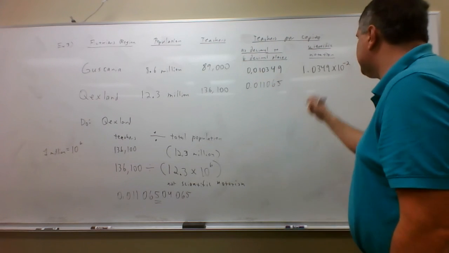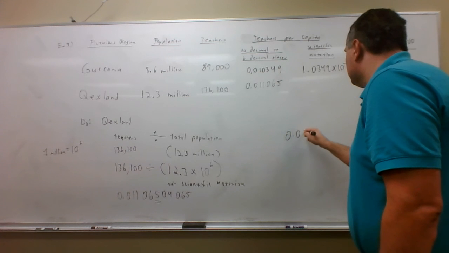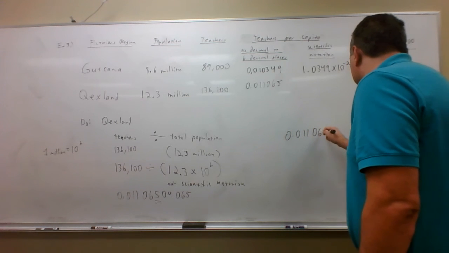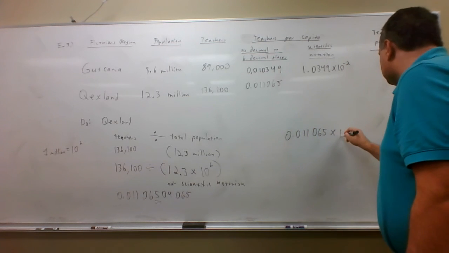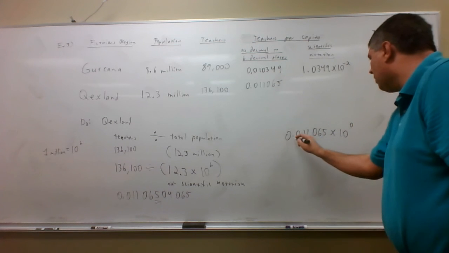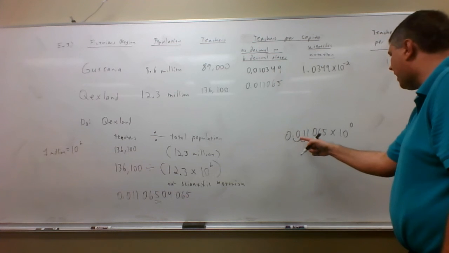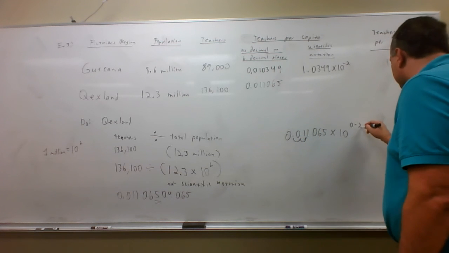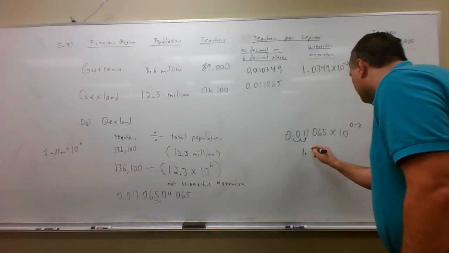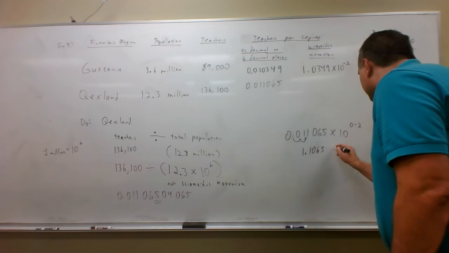Scientific notation. Ten to the 0 for now. Move it to the first non-zero decimal place. If I went right, I go down. 1.1065 times 10 to the negative second.